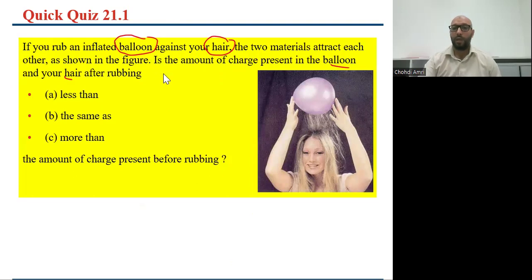No. That means it's possible that some charges from the hair move to the balloon or the opposite. However, the total number of charges will stay the same. So we can say the amount of charge present in the balloon and your hair after rubbing must be the same, according to the principle of conservation of charge.